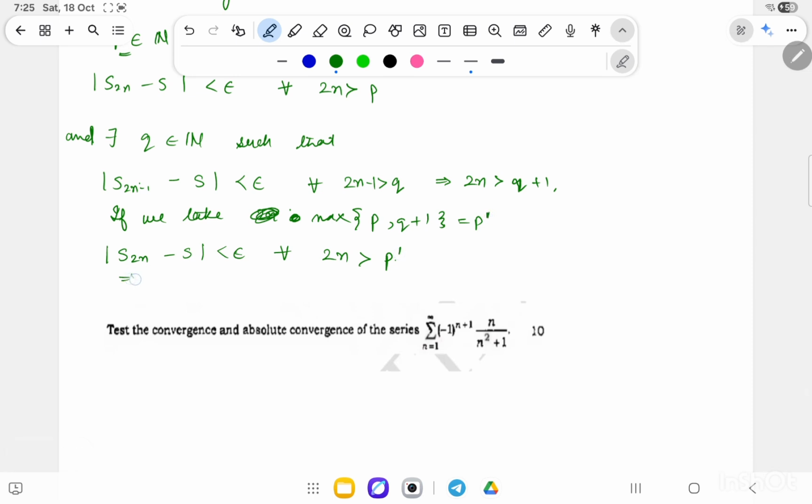So from here we got that Sn is convergent and it converges to s.